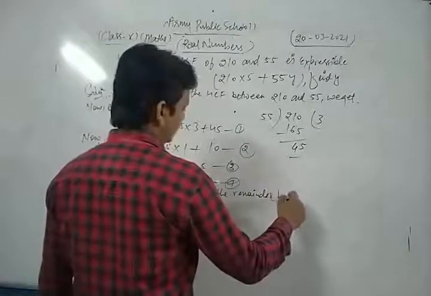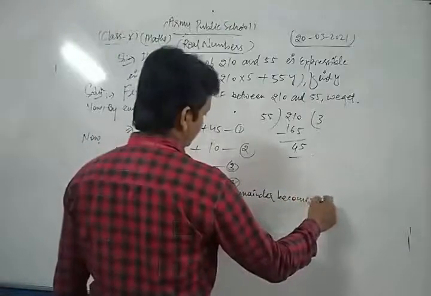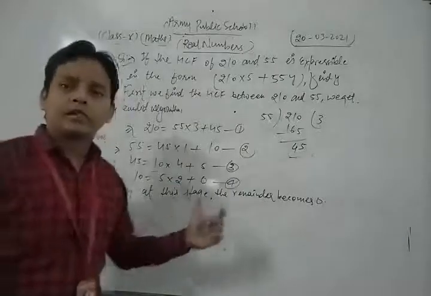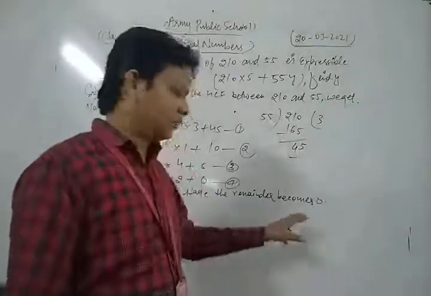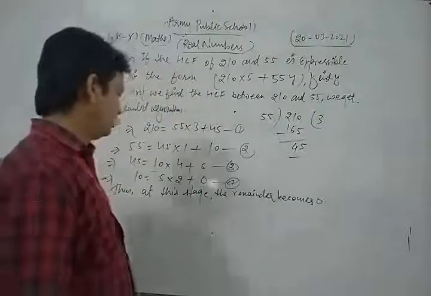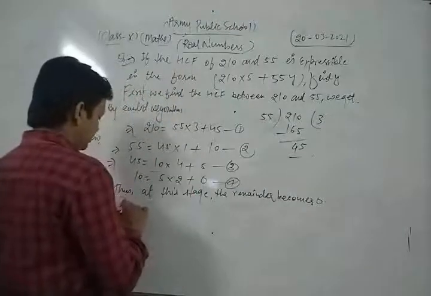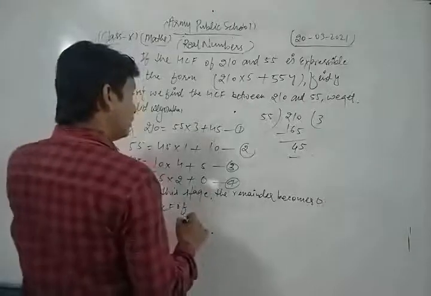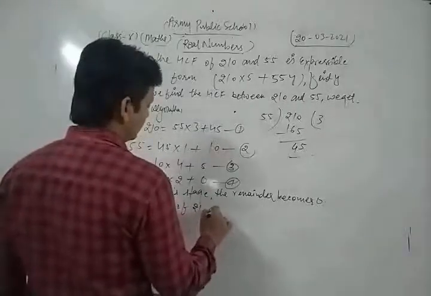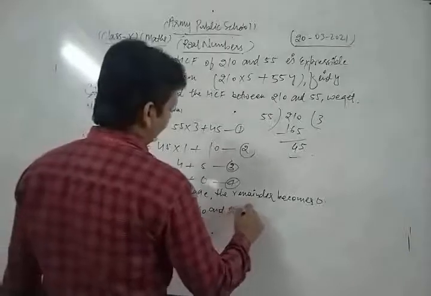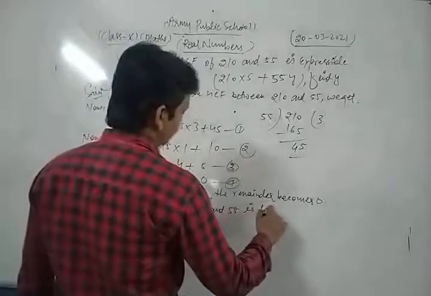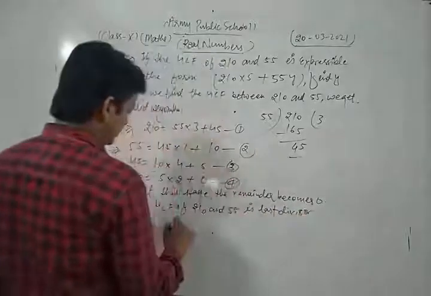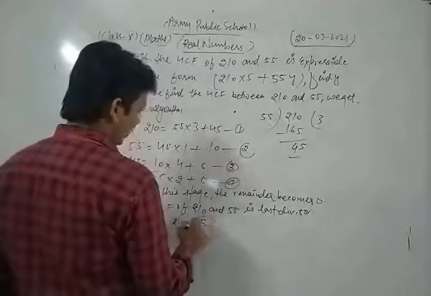Thus the HCF of 210 and 55 is the last divisor, that is 5.